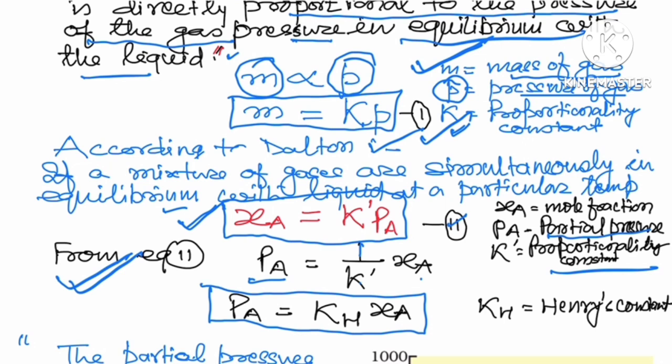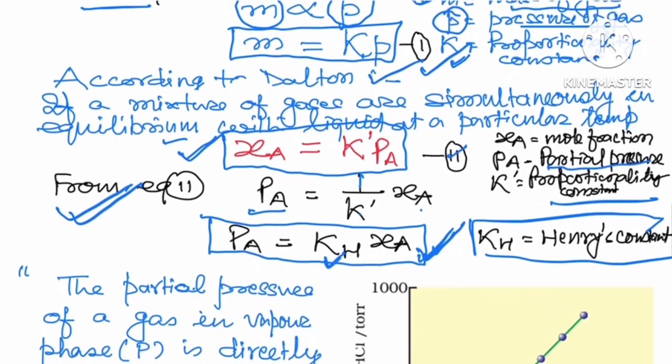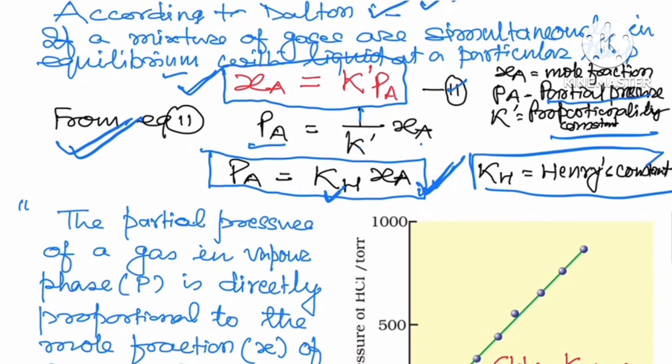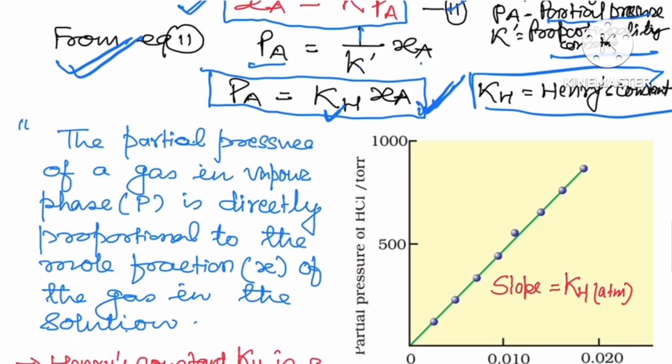Such a situation is according to Henry's law, and that is very important for the production of carbonated beverages. Second, in deep sea diving, you know that people take oxygen and nitrogen.